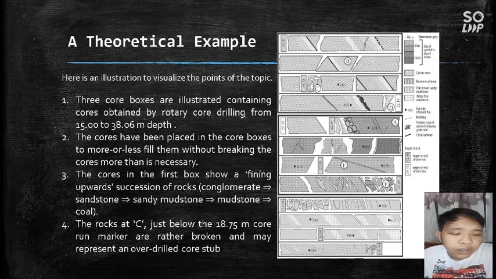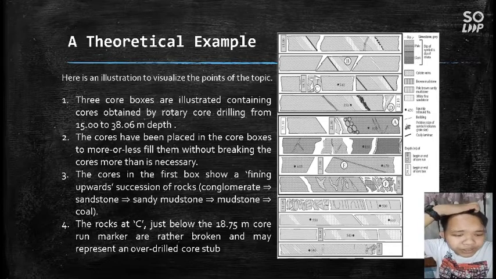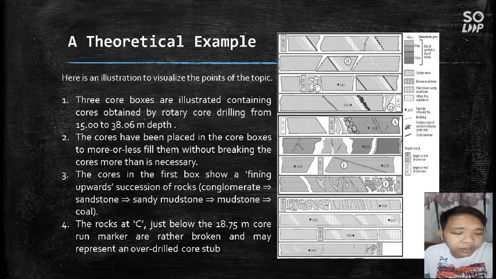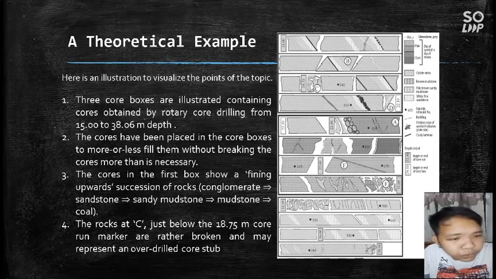The fourth is that the rocks at C, just below the 18.75 meters core run marker, are rather broken and may represent an over-drilled core stub. As you can see, the rocks at letter C, in the first box, the third layer, show the broken parts.